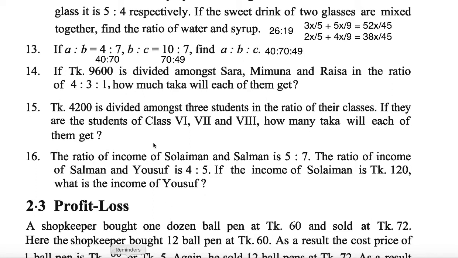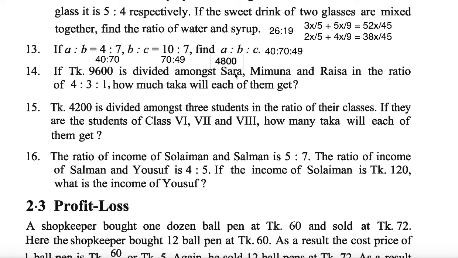If Tk 9600 is divided amongst Sahara, Mimuna and Raisa in the ratio 4 is to 3 is to 1, how much Taka will each of them get? This is a simple problem. 4 plus 3 plus 1 is 8. 9600 by 8 is 1200. 1200 into 4 is 4800.